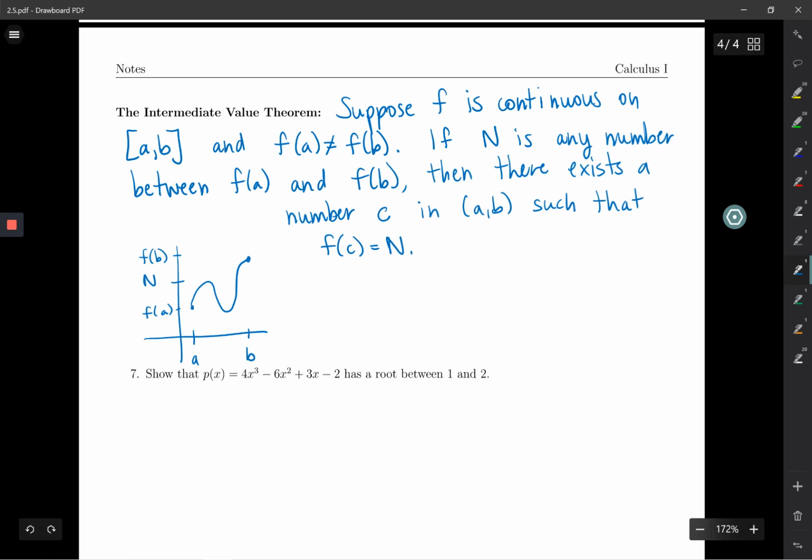That's right. Okay. Now, this sounds strange, but it's actually pretty intuitive if you just look at the picture.